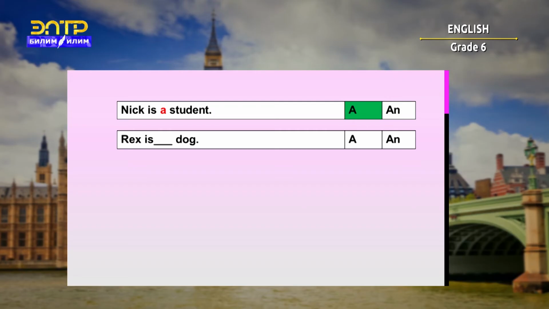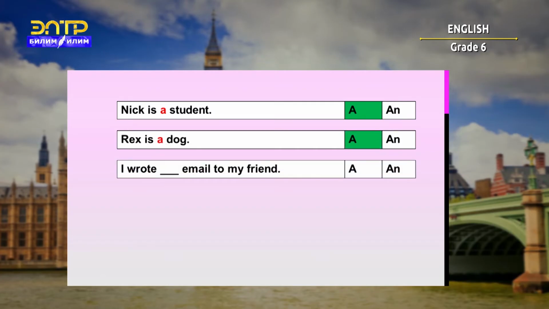The second sentence, Rex is a dog or an dog. Good job. The correct answer is A.